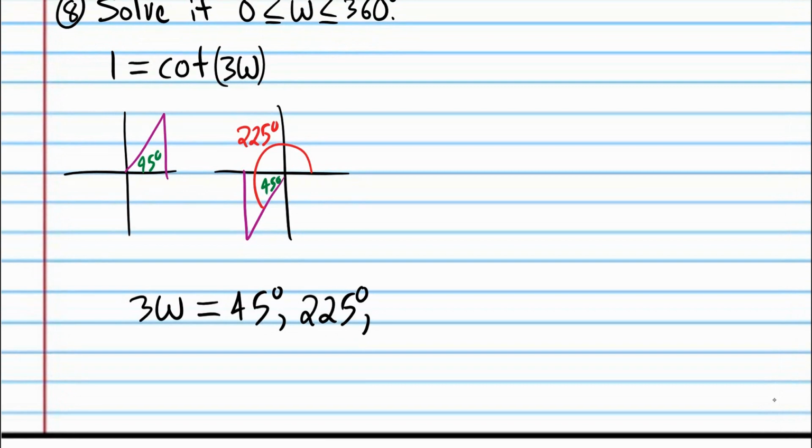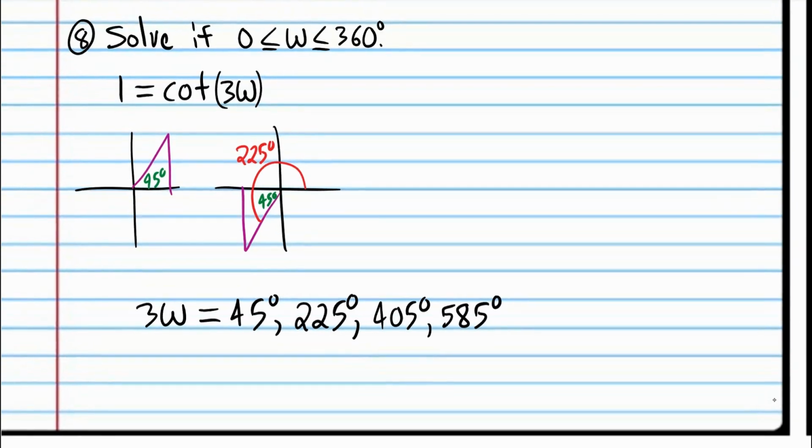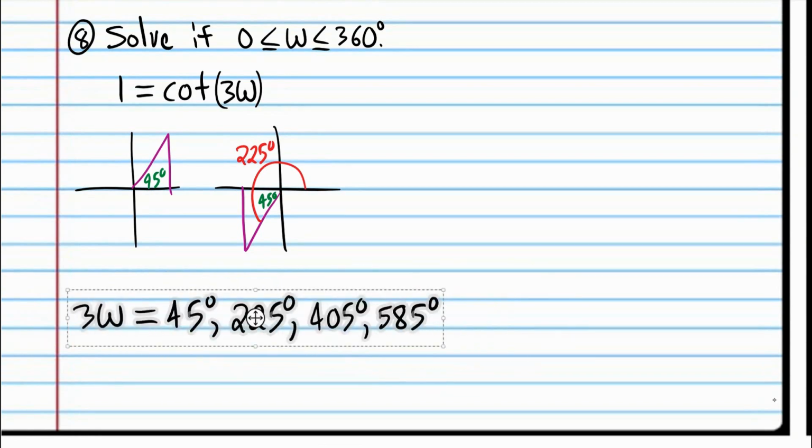45 plus 360 is 405 degrees. And 225 plus 360 is 585. And because we have 3 omega, we're probably going to have 3 times the number of solutions. So I'm just going to keep finding more coterminal angles.